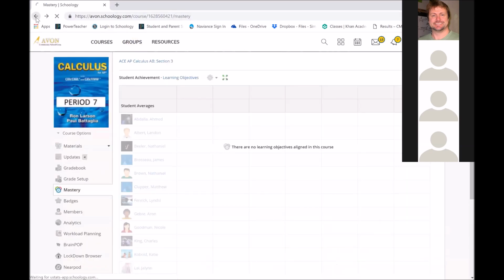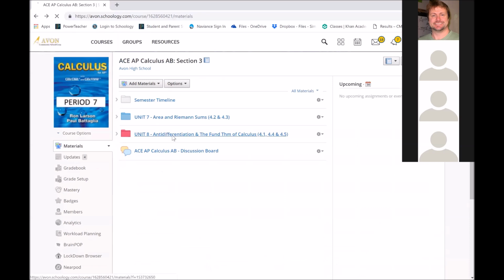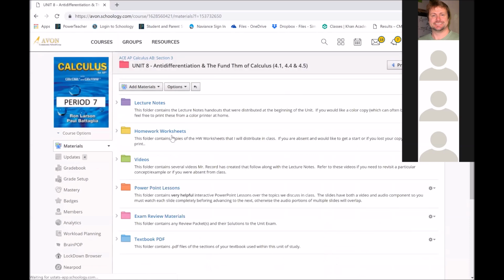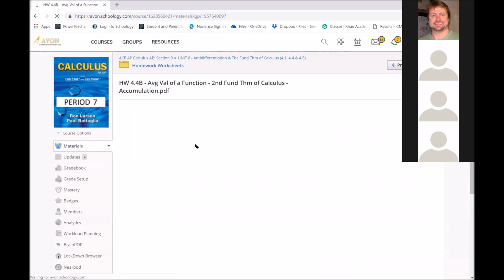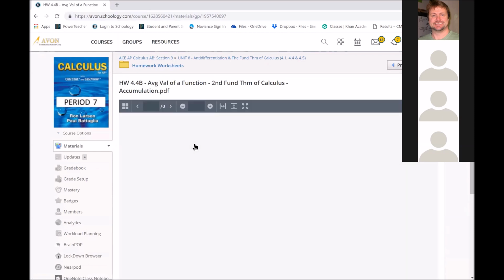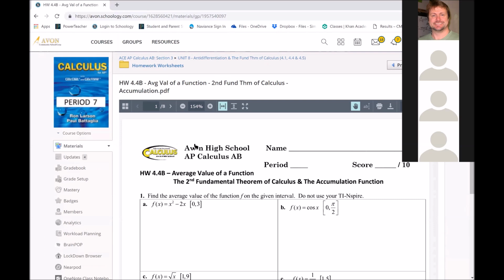Whoops, nope, not there. And if I go into that Unit 8 folder and go into the homework worksheets, homework 4.4b, what I wanted to do, guys, I wanted to check and make sure it was a PDF file, because if it was just a Word, weird things could happen too. So both period 4 and period 7, you guys are probably going to want to print this out.